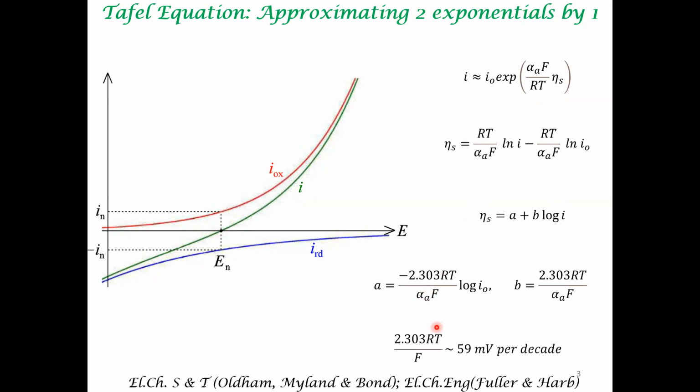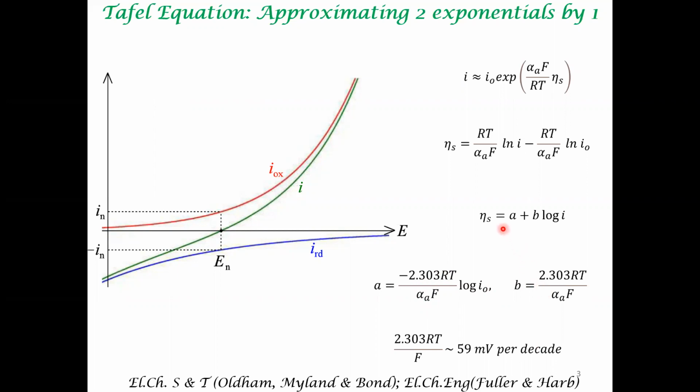It's useful to have in mind the value of this constant at standard condition, which is 59 millivolts per decade. You will see this number often in many analyses, not just in electrochemistry, but also in semiconductor physics, plasma physics, and so on. So that's a good number to have in mind. Why is this important? This kind of a plot is going to give you an idea for alpha A. What is available under the experimentalist's control?